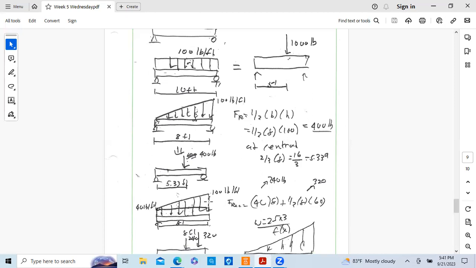And this side of the triangle is 100 minus 40, or 60. So 1/2 base times height is 1/2 of 8 times 60. The rectangle portion is 8 feet times 40.